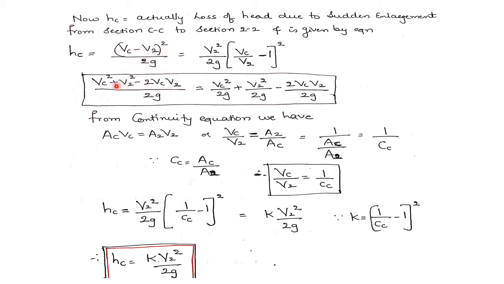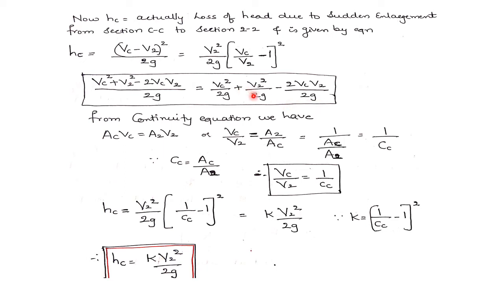You can see here, this equation is in the form (A minus B) whole bracket square. That is VC square plus V2 square minus 2 VC into V2, divided by 2g. I have written all the terms separately: VC square divided by 2g, V2 square divided by 2g, minus 2 VC V2 divided by 2g.